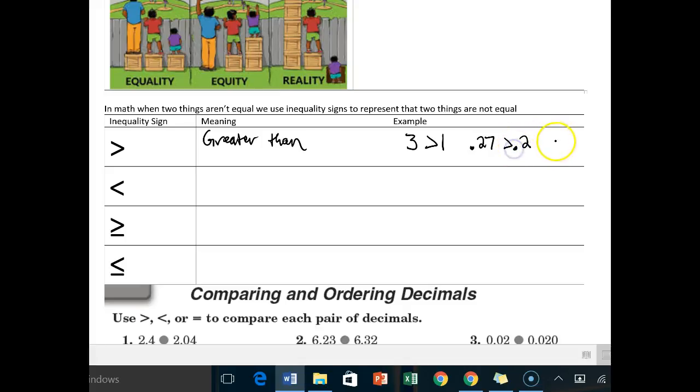So let's put 2. 1/2 is greater than 1/3, right? This one has only 1 that you have to add to the numerator to make it a whole. This one has 2 that you have to add to the numerator to make it a whole.